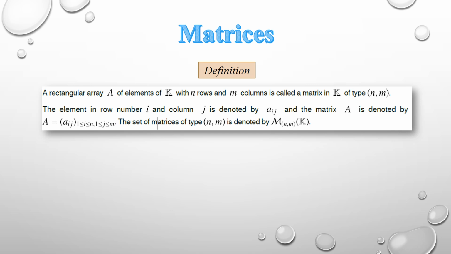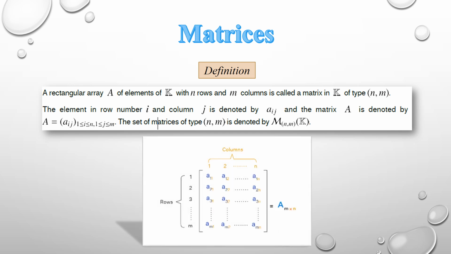To begin, let's define what a matrix is. A matrix is a rectangular array A of elements of K with n rows and m columns. In this case, A is a matrix of size n by m. We can represent A by the following form.